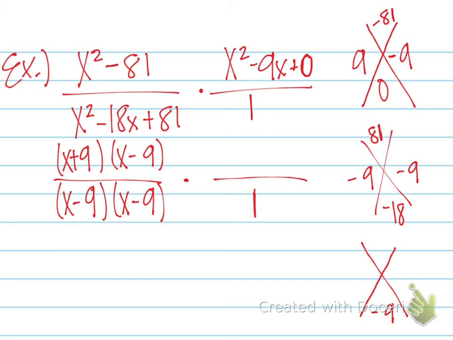So 0 times this 1 in front of this x squared just leaves me with 0. So now, if I want to multiply to get 0, one of my factors is going to have to be what? It's going to have to be 0 because anything times 0 is 0.